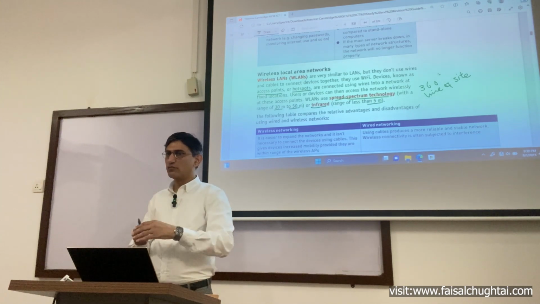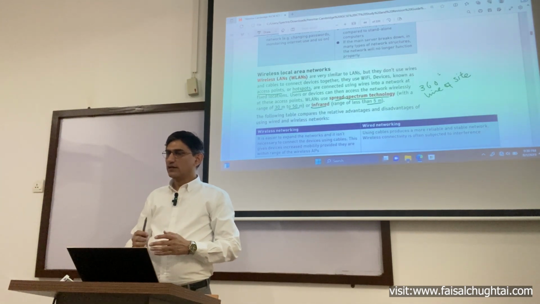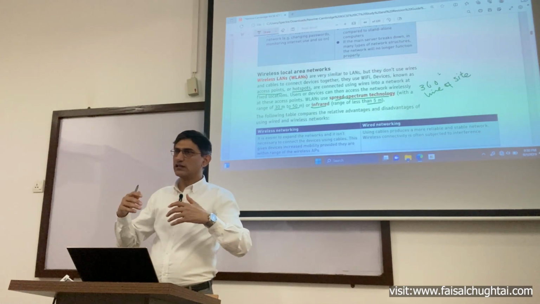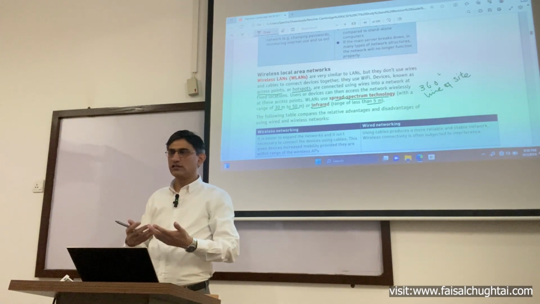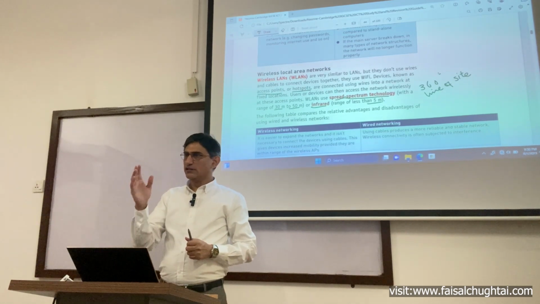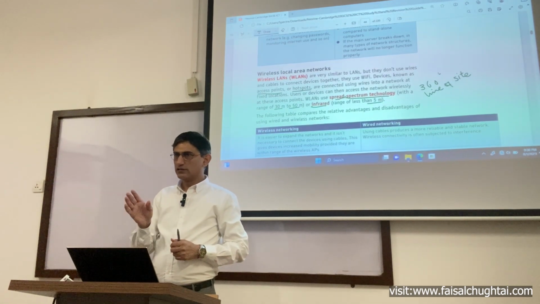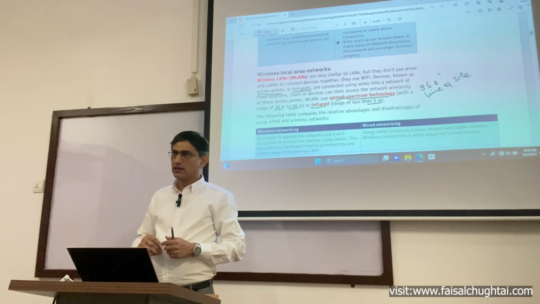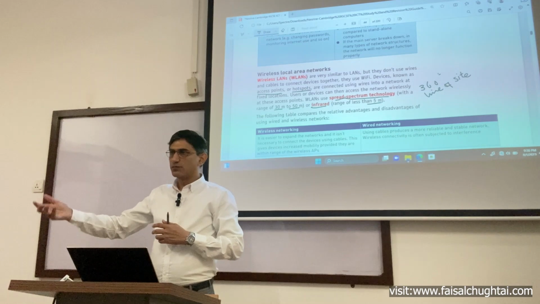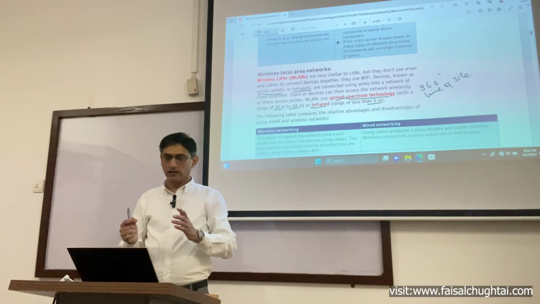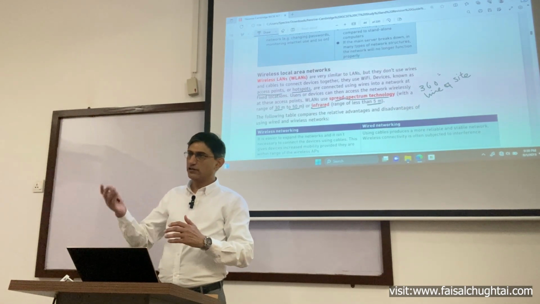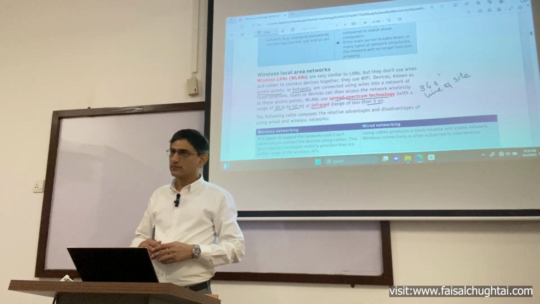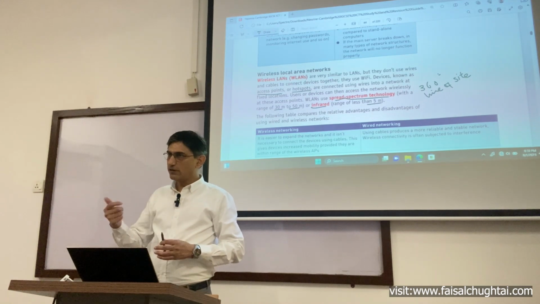Because the signals get blocked as they're traveling in a straight line. This is different from spread spectrum technology, which is 360 degrees. It doesn't really matter whether there's an obstacle in between or not. The signals can make their way around the obstacle, and can even pass through obstacles. With spread spectrum and radio signals, they can travel through doors and walls and whatnot. They would not get blocked, but infrared would.